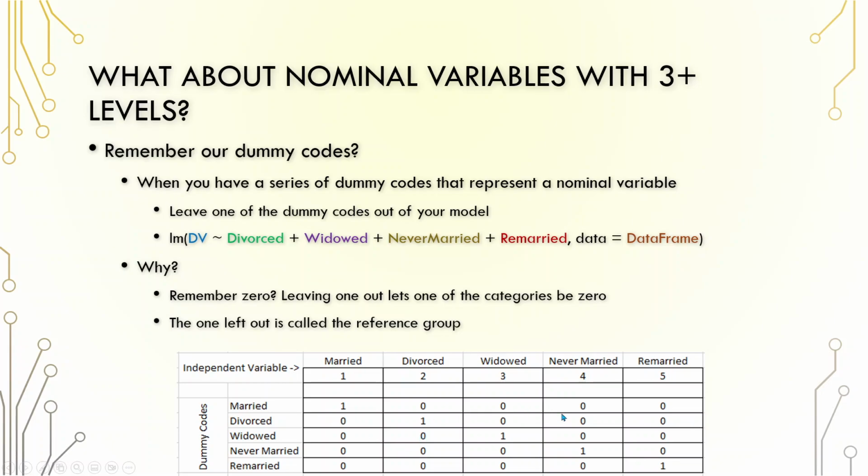If we look down here at this chart, if I put in every single one of these 5 dummy code variables, everybody will have been scored a 1 on at least one of those variables. That means they're not scored a 0. Essentially nobody is a 0.